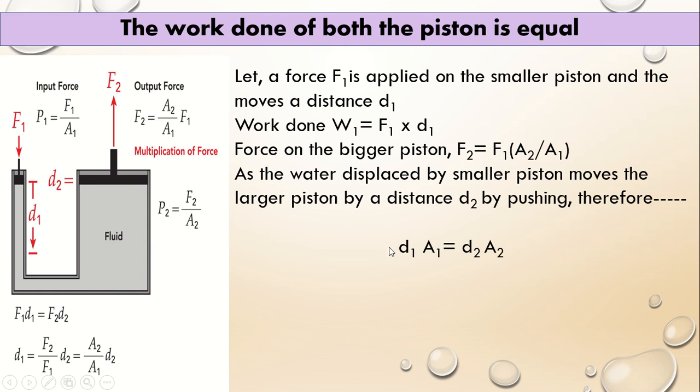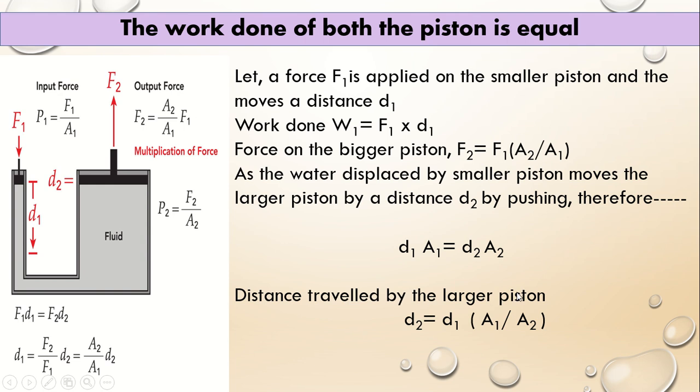Volume equals area into height. Here area is A1 and the height of the water column that moves down is d1. So this is the volume of water displaced by the smaller piston, and this is the volume of water which moves up by the larger piston. These two must be equal.